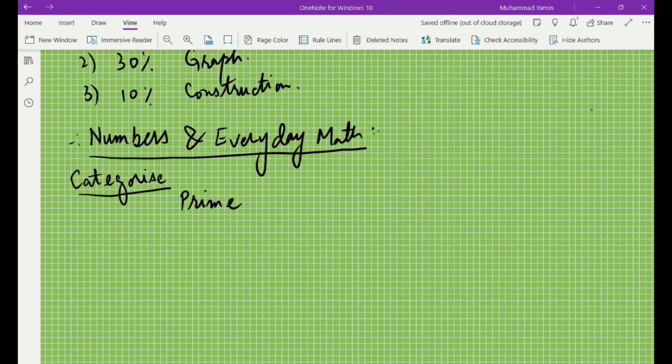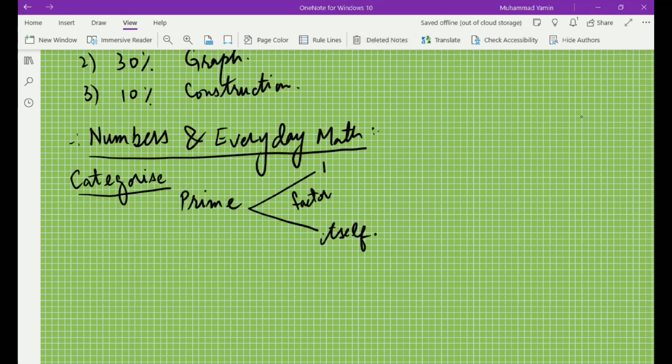A prime number is that number having two factors only. One factor will be 1 and the other factor will be itself, meaning a prime number will be that number which can come in only two tables, 1 and itself. If you have factors less than 2, then also we don't call them prime numbers.